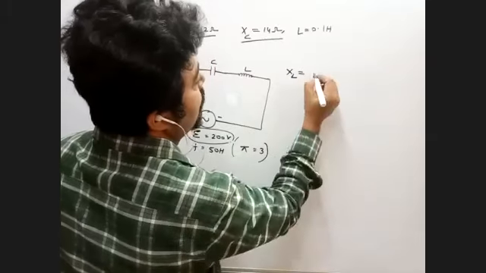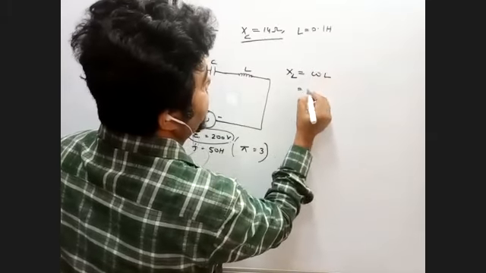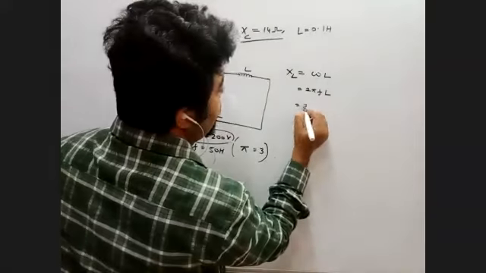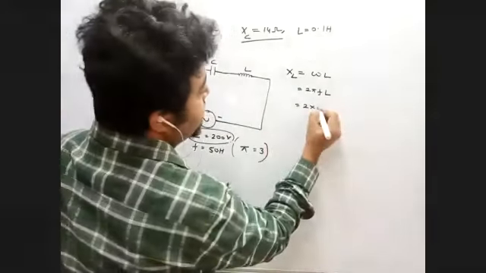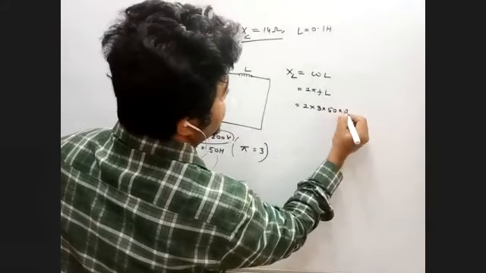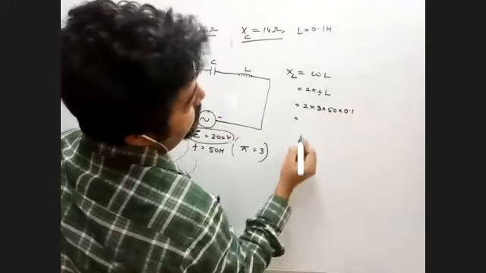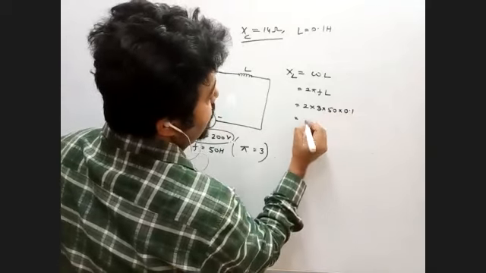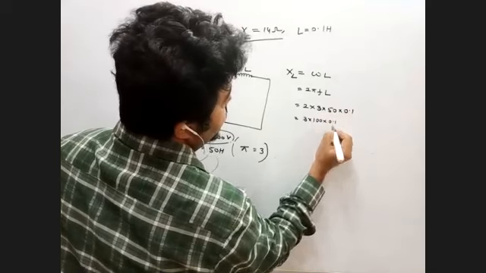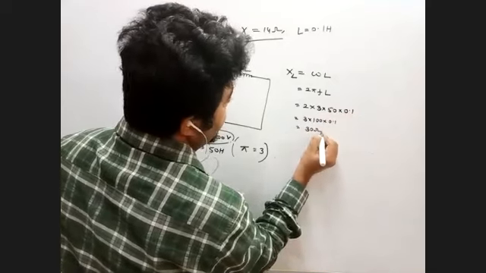XL is omega L, and omega is 2 pi frequency. 2 pi is given as 3, frequency is 50 hertz, and L is 0.1. So 6 into 50 into 0.1 gives 30 ohm.